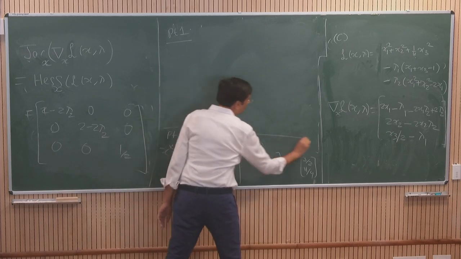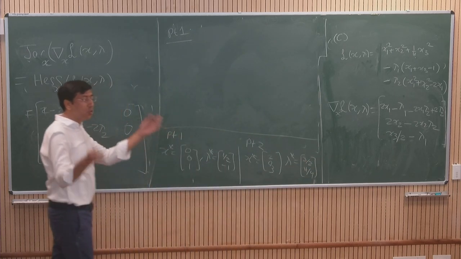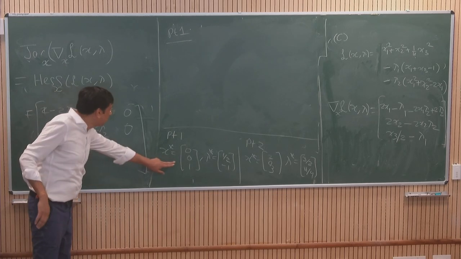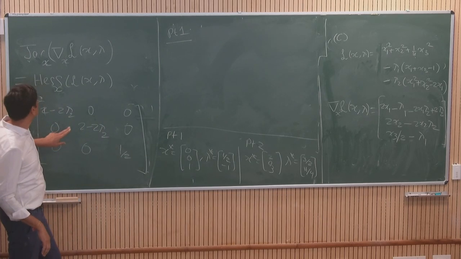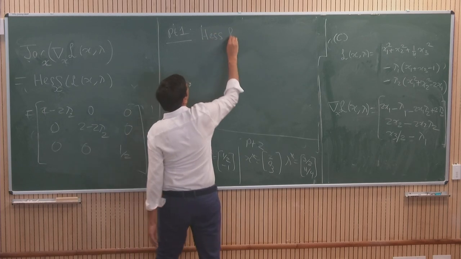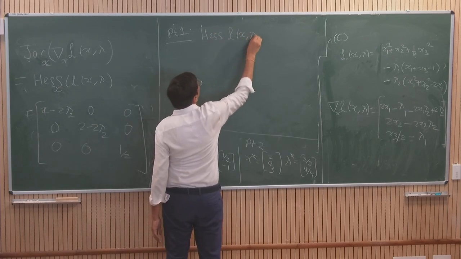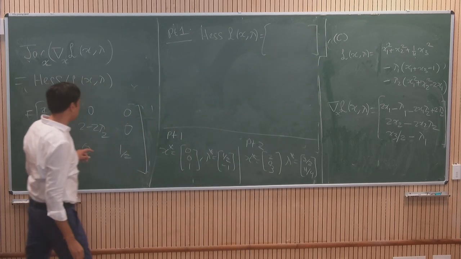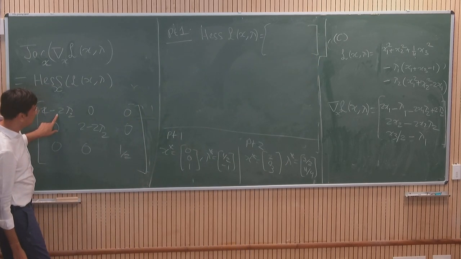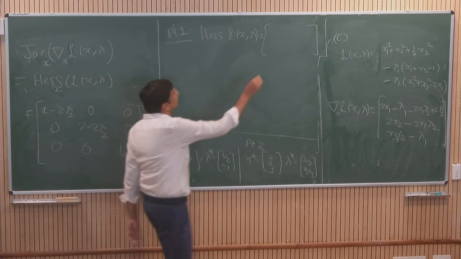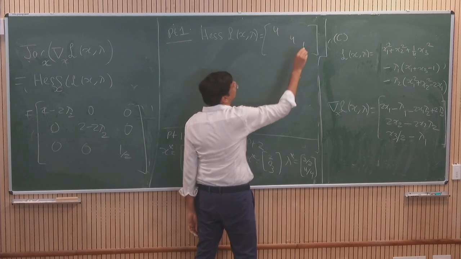These were your two candidates for minimizer, which you got from the first order necessary conditions. Now if I substitute this into this, what do I get? Lambda 2 is minus 1. This becomes plus. Lambda 2 becomes 4 and a half. Okay, good.